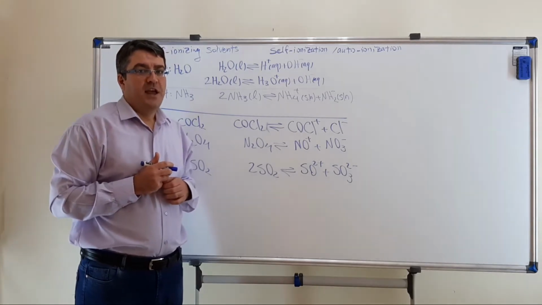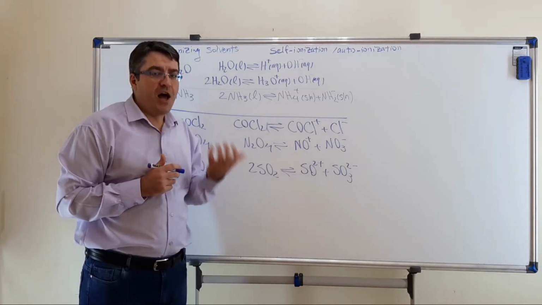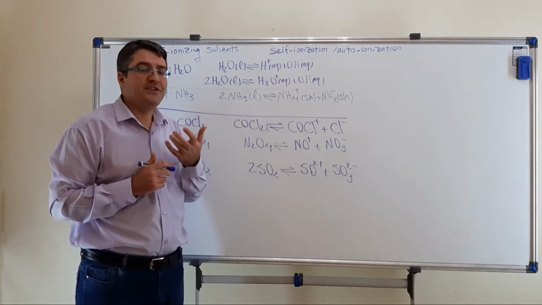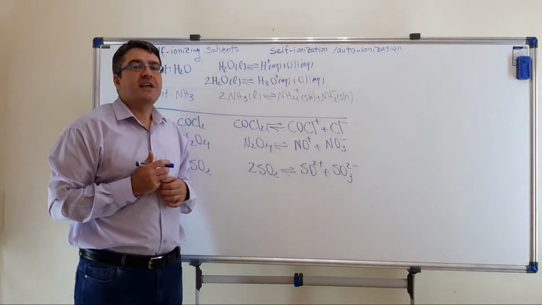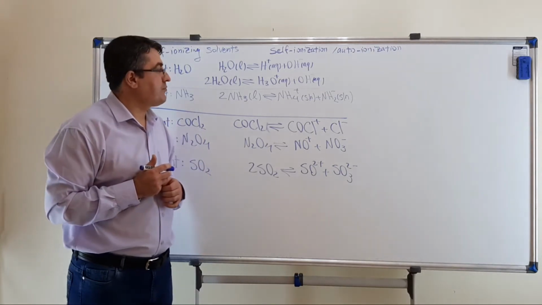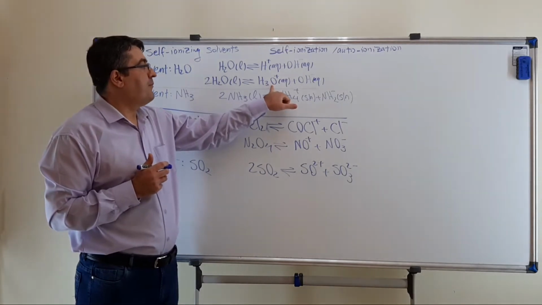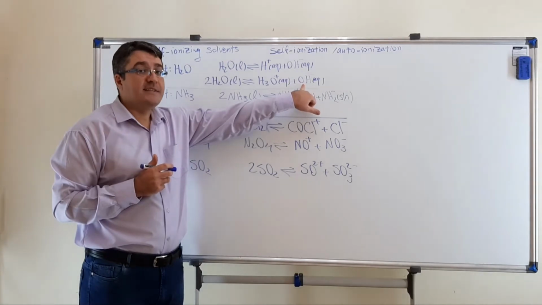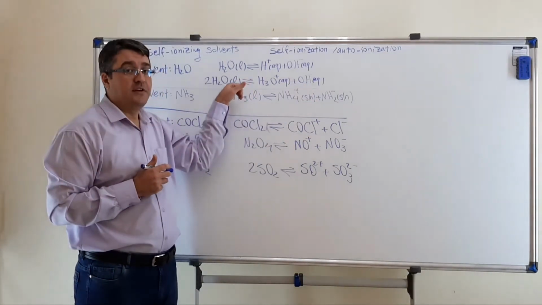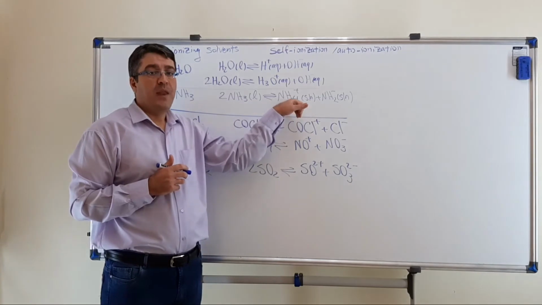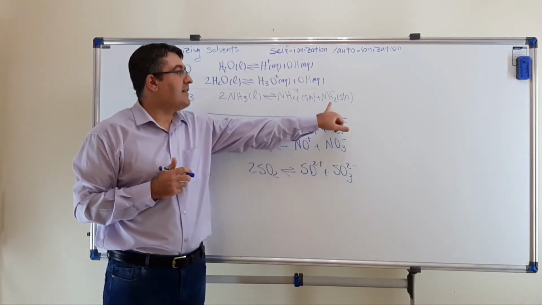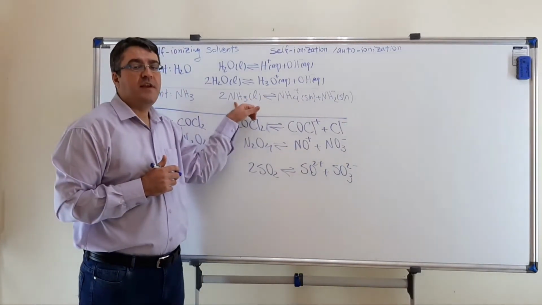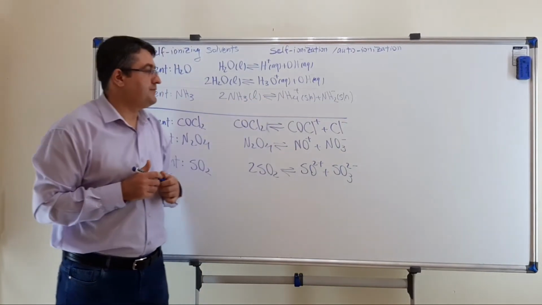In other words, a self-ionizing solvent produces its characteristic cation and characteristic anion in its self-ionization reaction. So hydronium is the characteristic cation and hydroxide is the characteristic anion of the solvent water, while ammonium is the characteristic cation and amide is the characteristic anion of the solvent ammonia, and so on.